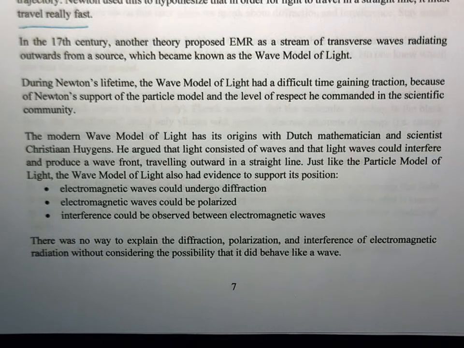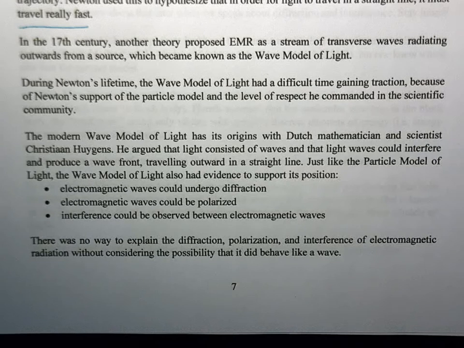As with any model, we usually have evidence that supports it, and the wave model had that too. Electromagnetic radiation could undergo diffraction, which we'll talk about later. It could also undergo polarization, which we'll also talk about later. And we could observe interference.